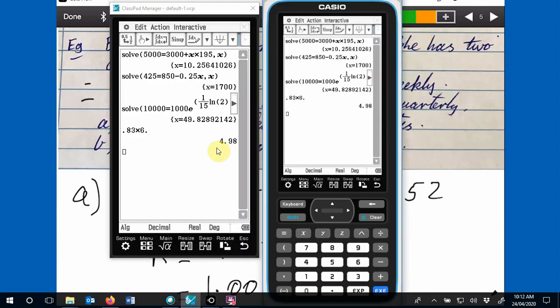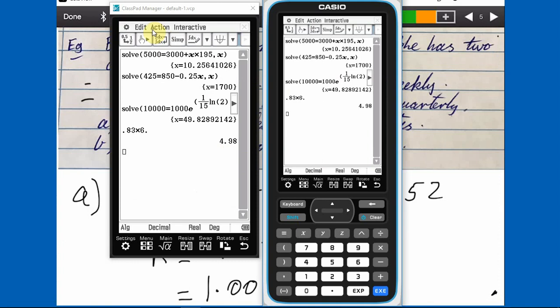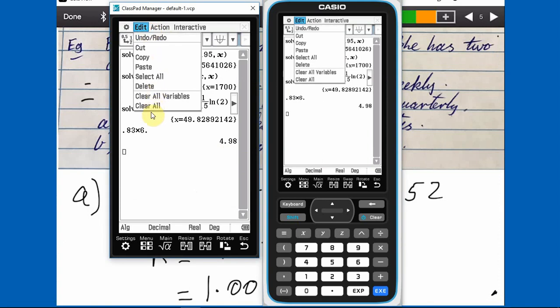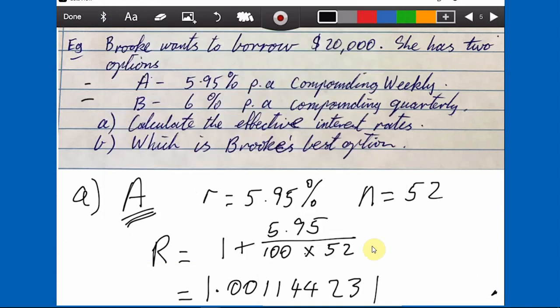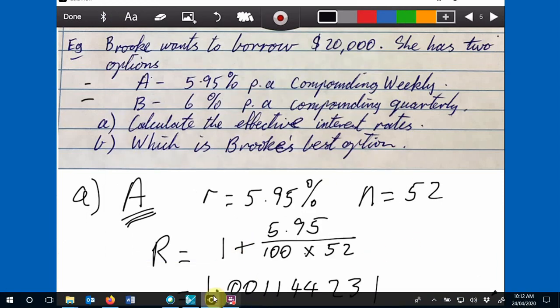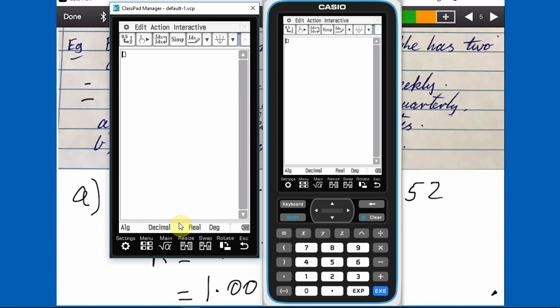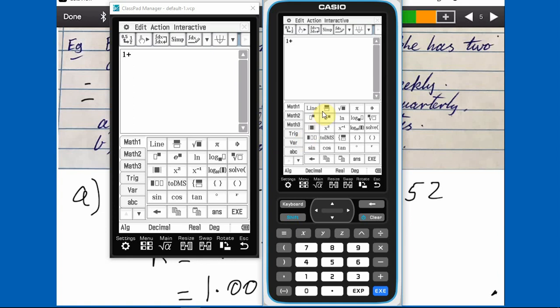All right, so those calculations, let me show you how we can do them on the calculator. So here we go, the calculator. Let's get rid of all of that. The first one is this, the 1 plus this one here. So 1 plus, and when we want a fraction, we've got a template in the keyboard.